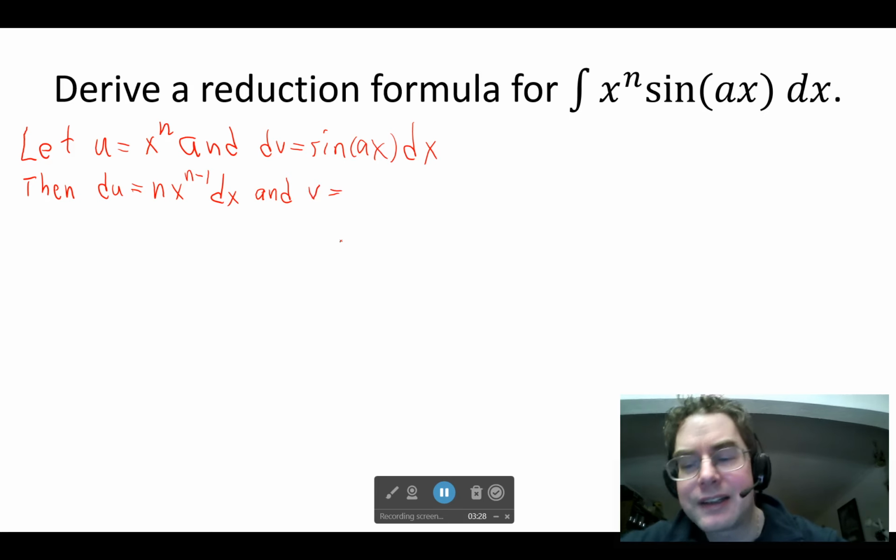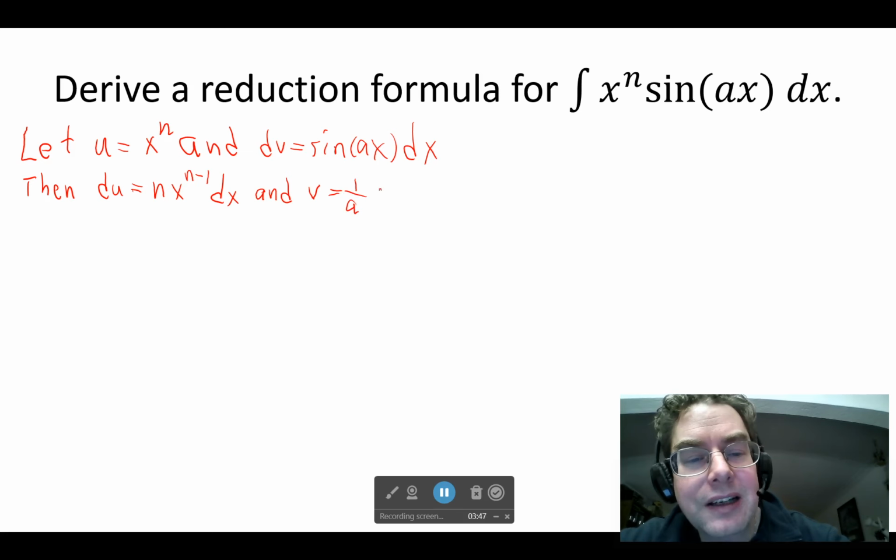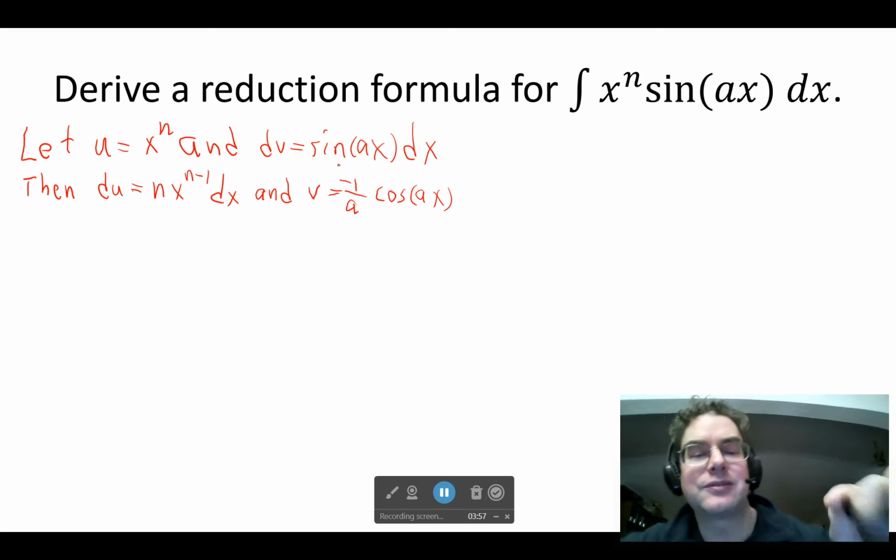And remember that with that constant multiple of a on our inside here, that will translate to having a factor of 1 over a out in front of our antiderivative. We only need one antiderivative here, of course, and the antiderivative of sine is negative cosine, so we'll get cosine of ax here, and then we also need that minus sign out there.